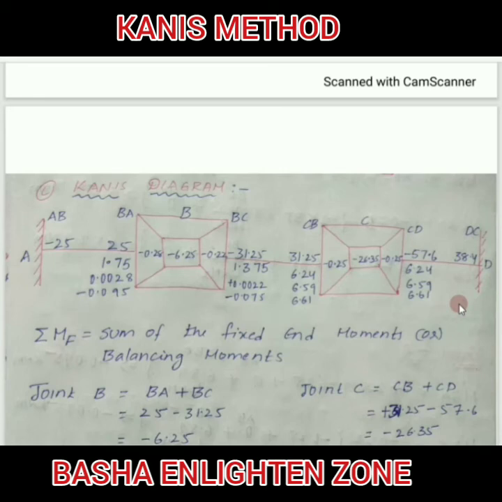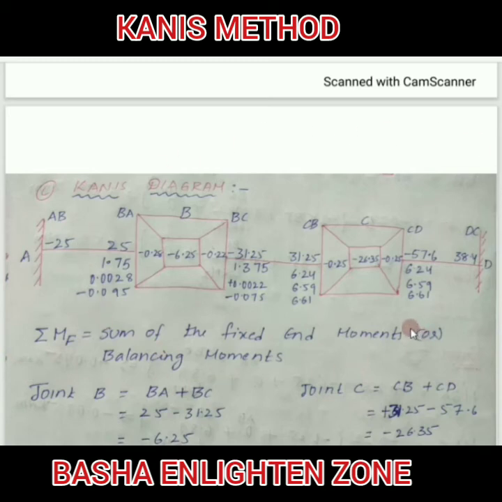If you want, you can go for one or two more trials and you will get very exact answers, but for examination purposes you just go for 3 to 4 trials and take some approximate answer because of the limited time. Then you have to write down all these rotation moments. So friends, this is the procedure for calculating the rotation moments.